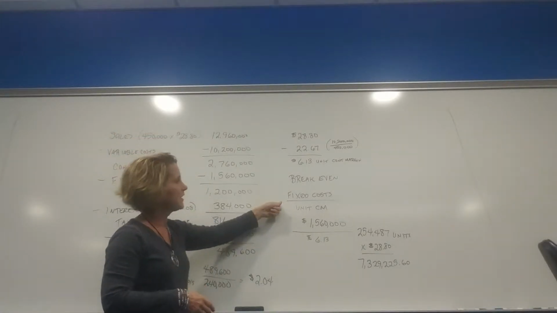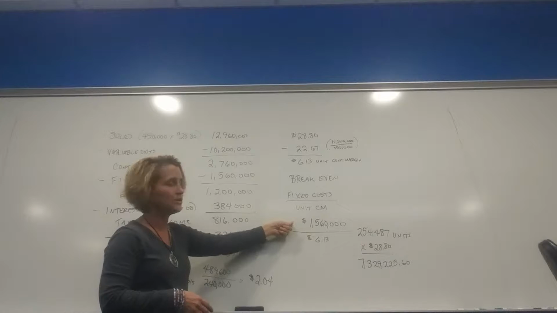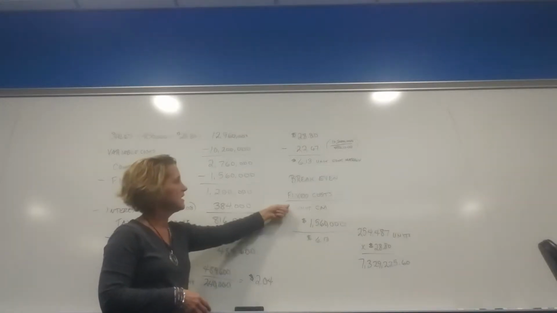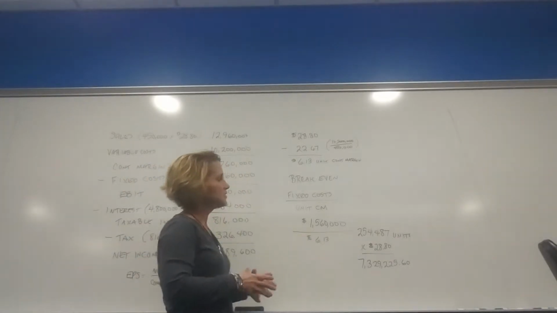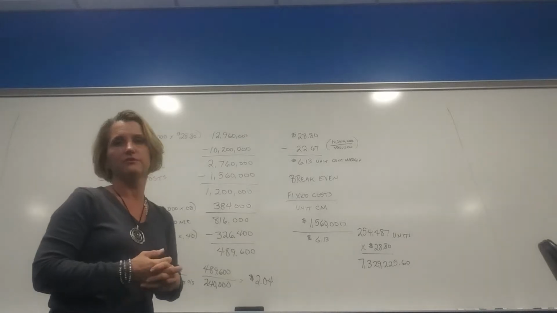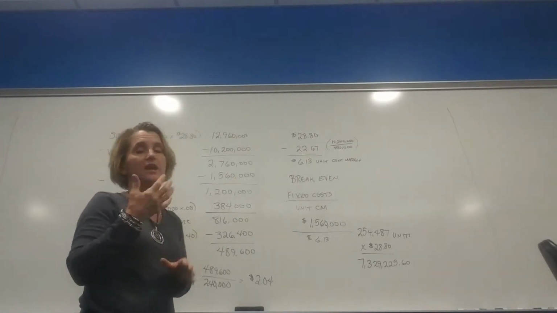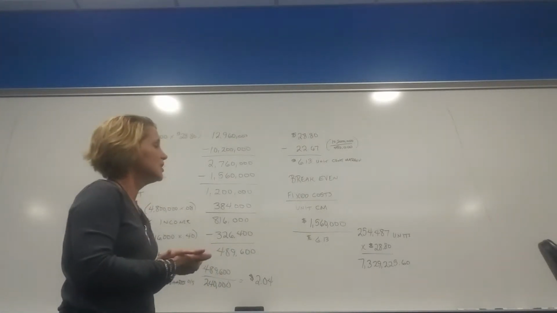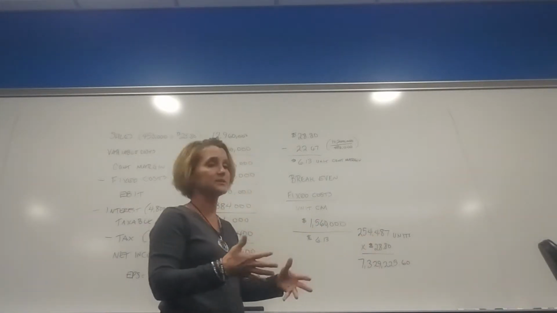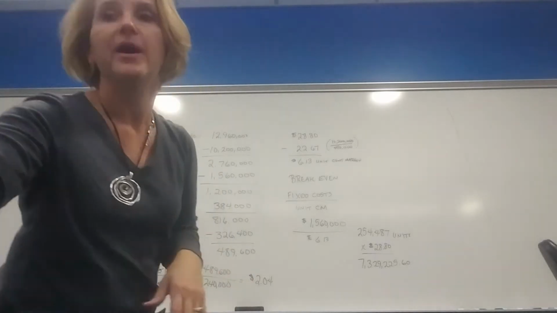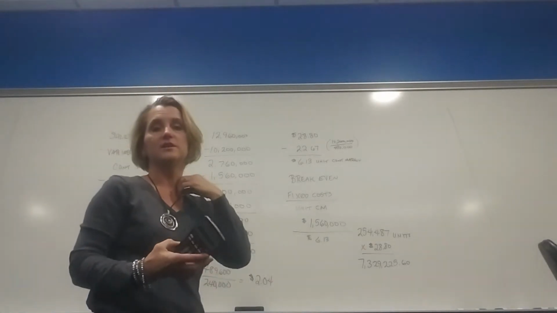So then our formula is taking our fixed cost of $1,560,000, dividing it by the unit contribution margin of $6.13, and that gives us 254,487 units. If you really did that on your calculator, you would see it's 254,486.13 units. But we need to round that up.